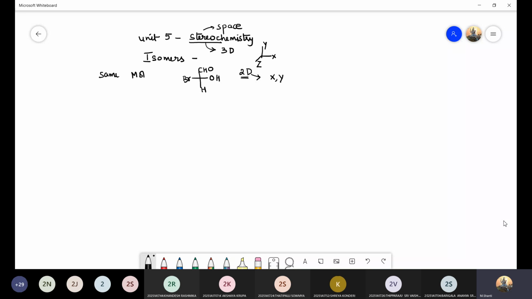Same molecular formula. But in what way are they different? Different arrangement of atoms in a molecule and different properties. No, I'm not asking about the stereoisomers, I'm just asking about the isomers. Just simple isomers. Different in structure, ma'am. Then we call them the structural isomers.